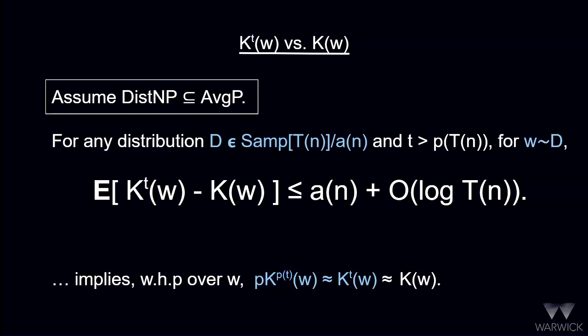It's saying that, at least in expectation over well-behaved distributions, KT of x is almost as nicely behaved as time-unbounded Kolmogorov complexity. And we actually use something similar in a number of different ways in the paper. Okay, I'll just mention that the proof of this statement is building on an earlier work of Antunes and Fortnow, 2009, and it follows from a source coding theorem for Kpoly that you can prove under that assumption.